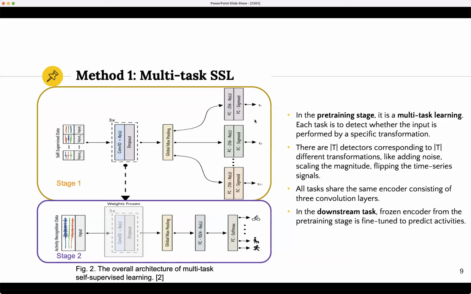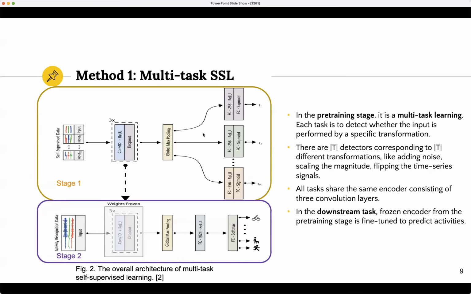So we have raw data, and we randomly pick a specific transformation, and we apply that transformation to the raw data, and the transformed data will be the input of this model.